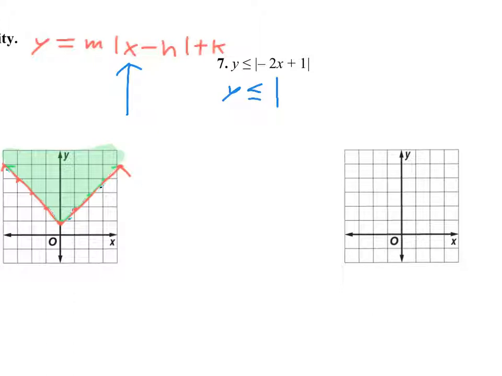I don't want that -2 to be there. So what I do is I factor out a -2. I'm going to take this number and divide it by -2, and take the +1 and divide it by -2. So -2x divided by -2 is just x. 1 divided by -2 is -1/2.